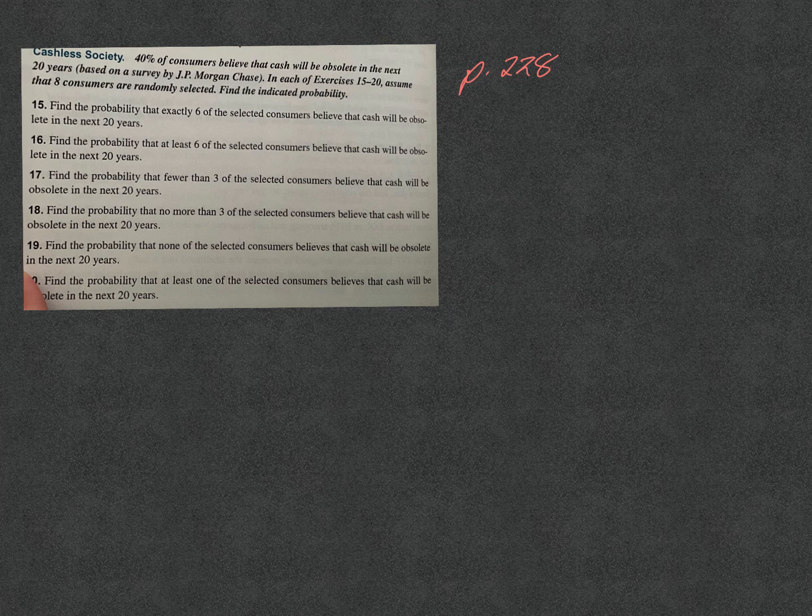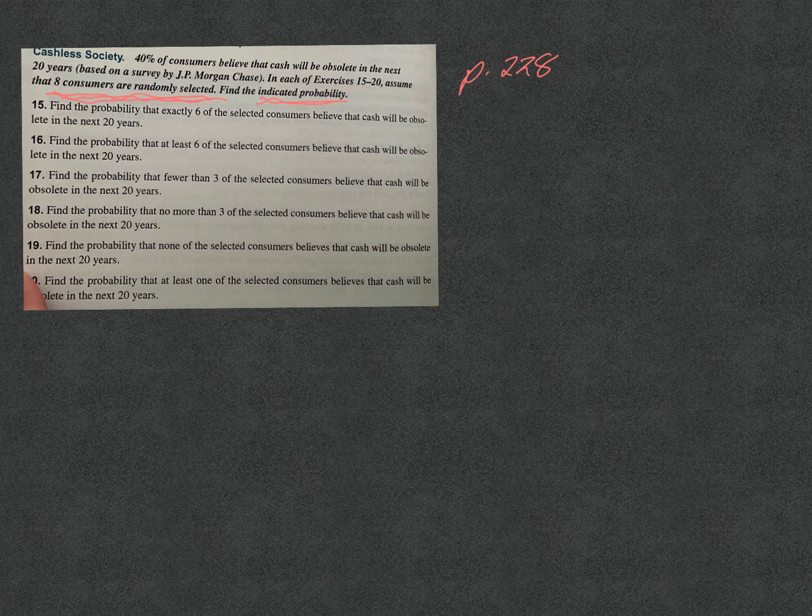We want to use it to go through how to do this. Notice they say 40% of consumers believe cash will be obsolete in 20 years based on a survey. In each of the exercises, assume that 8 customers are randomly selected. Find the indicated probabilities.